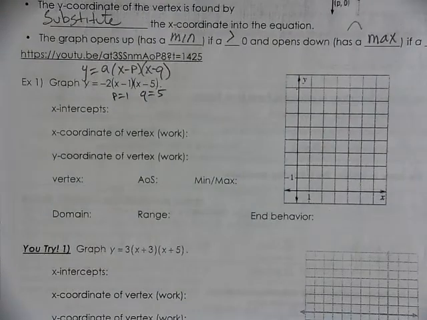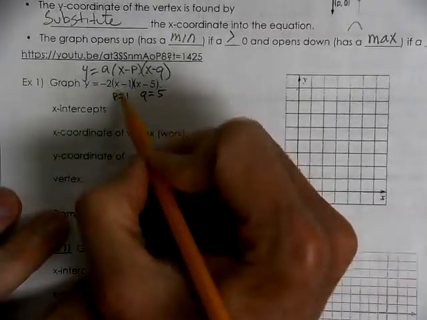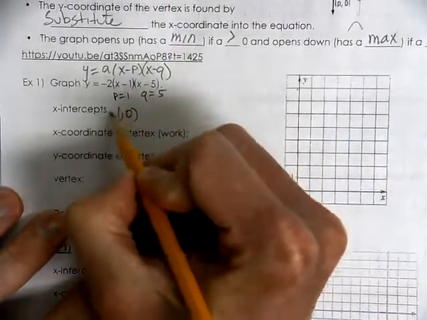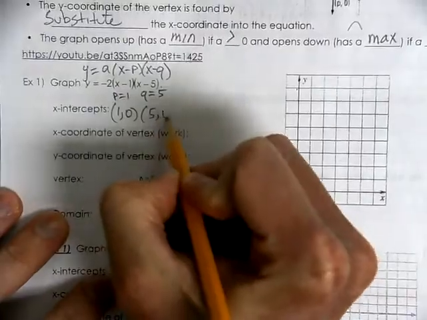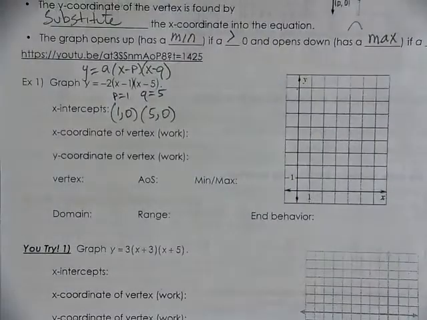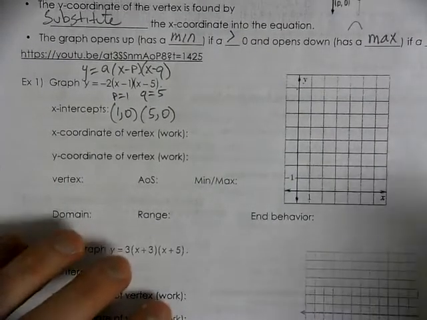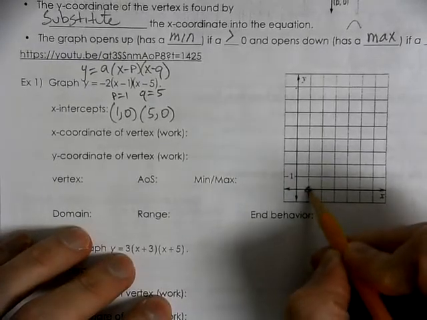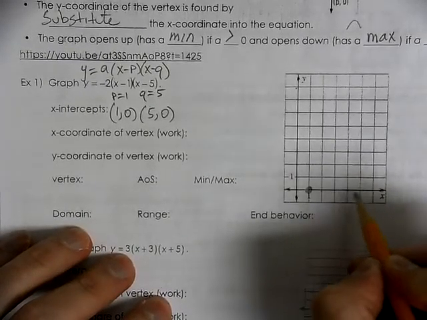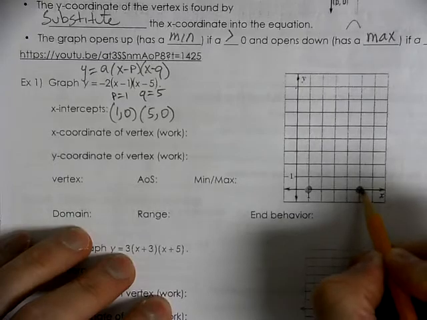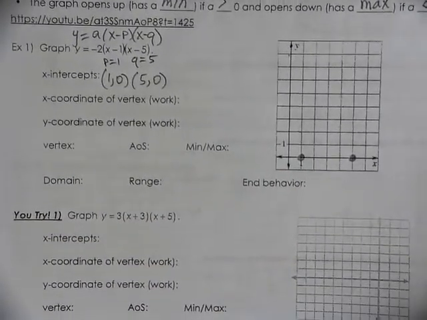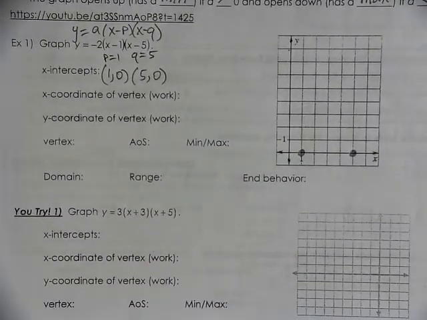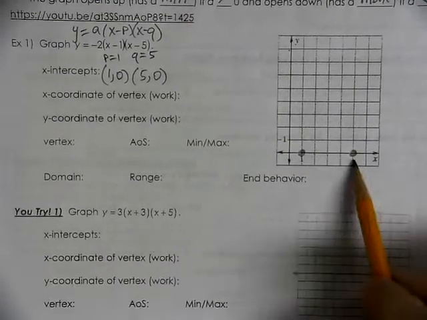It's going to be opposite of what's inside the parentheses. So my coordinates are going to be (1, 0) and (5, 0), p comma 0 and q comma 0. So those are our x-intercepts.